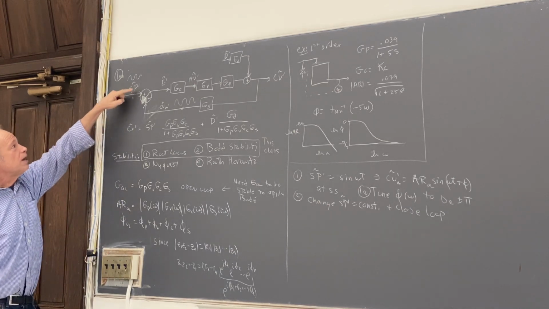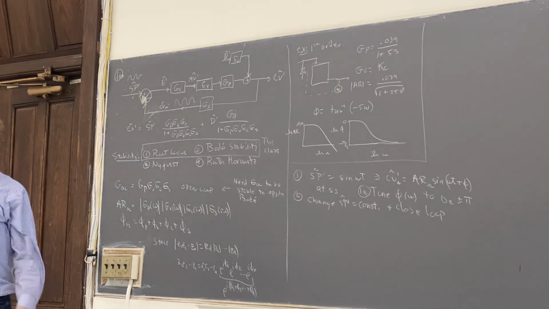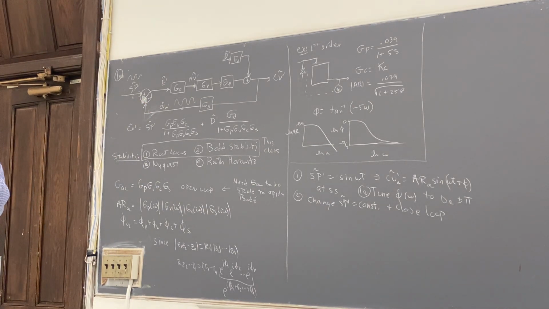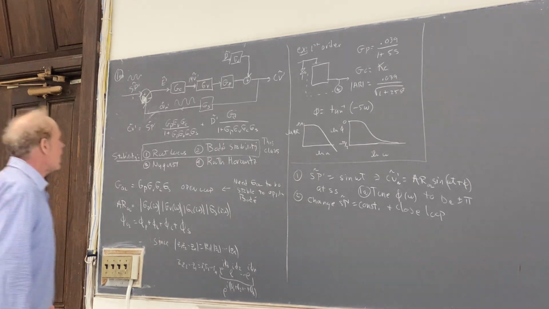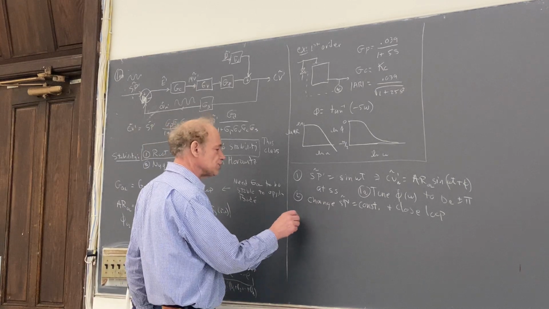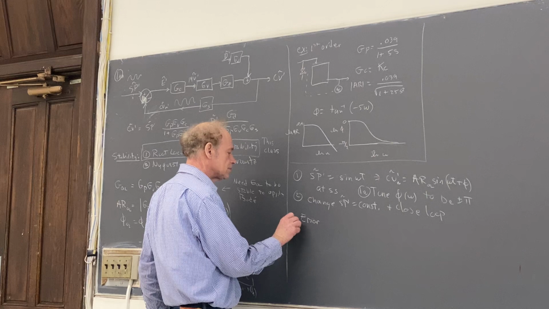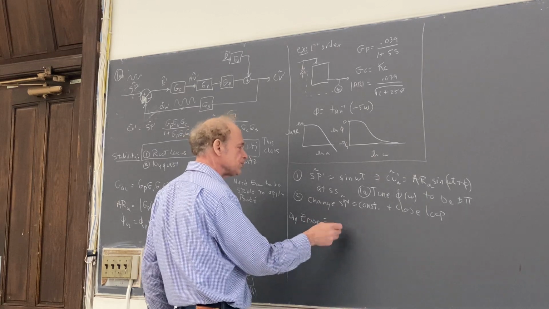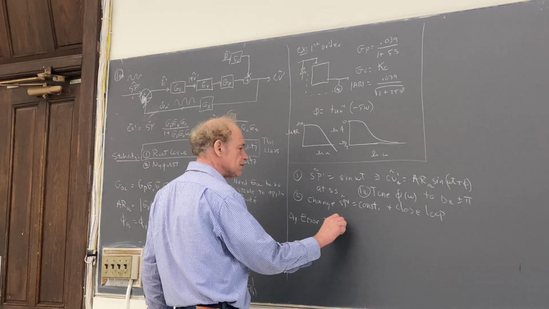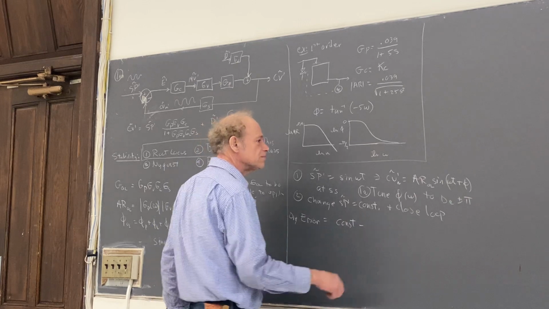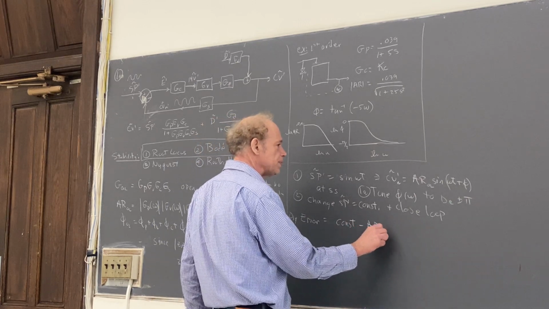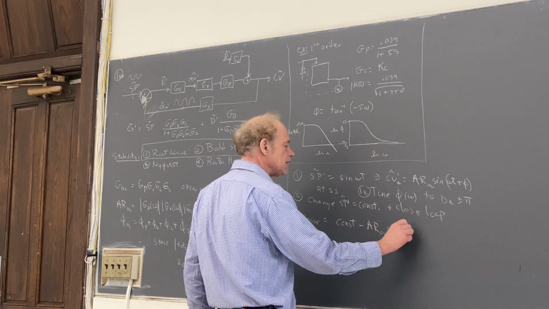When I subtract something that is minus pi out of phase, it becomes in phase and I add it. So every time through, I have the original error, which is equal to a constant minus AR of the open loop sine omega t.